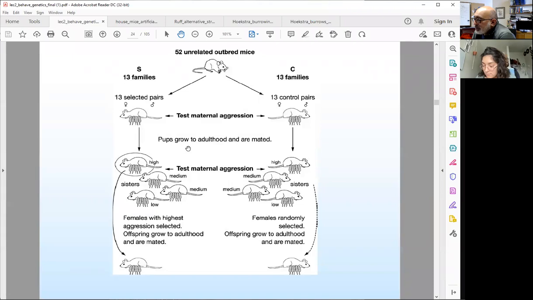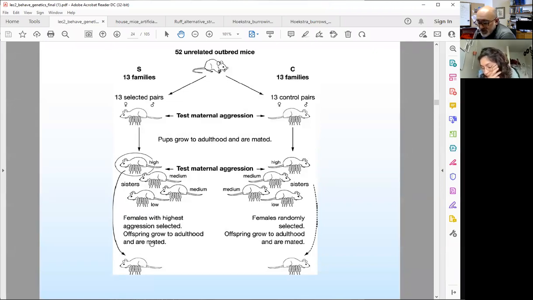You breed them, you test maternal aggression, and then the pups grow and you test the maternal aggression, and you're able to select females with the highest aggression and breed those. That is, they are mated and then they produce offspring, and then you mate the offspring that have the highest maternal aggression themselves.